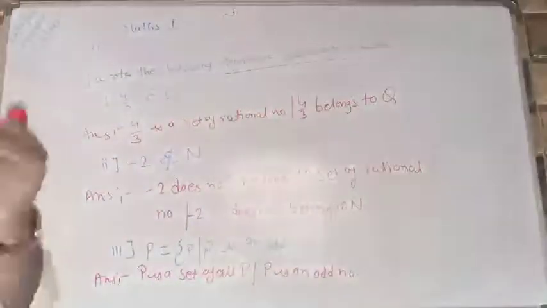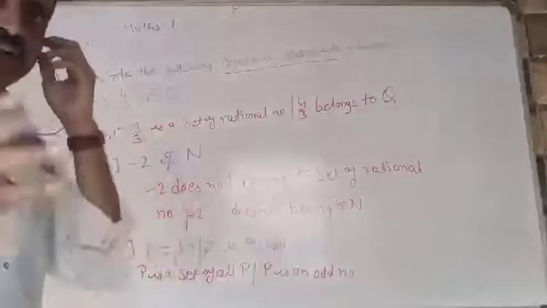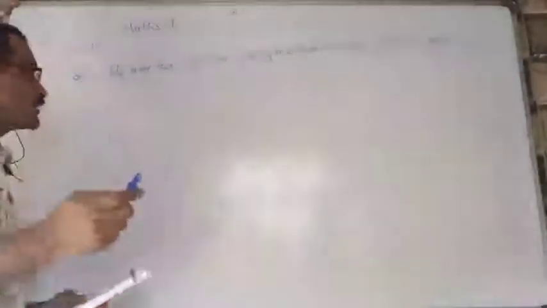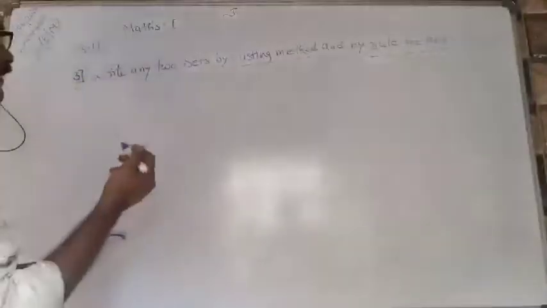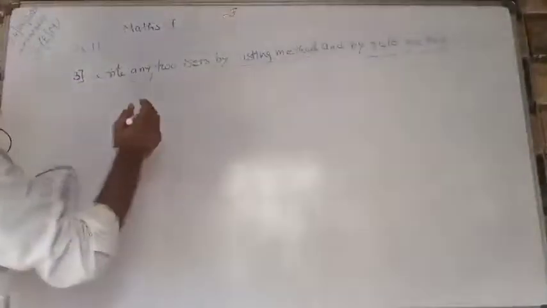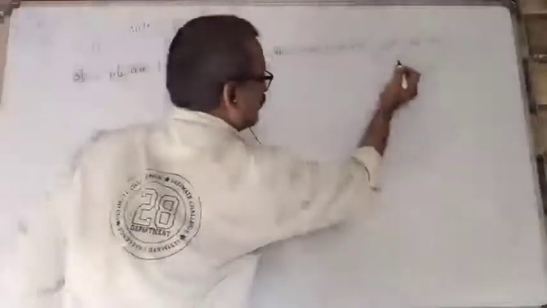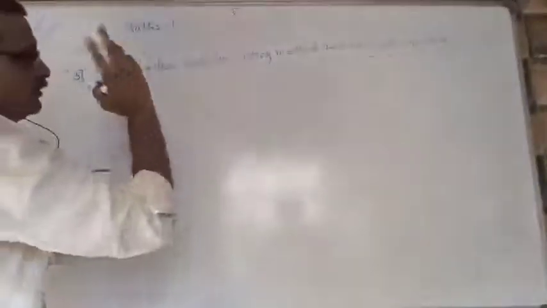Hello students. We start problem set 1.1, third sum. It's not given anything. It says only listing method and rule method. Give the two forms for each set.